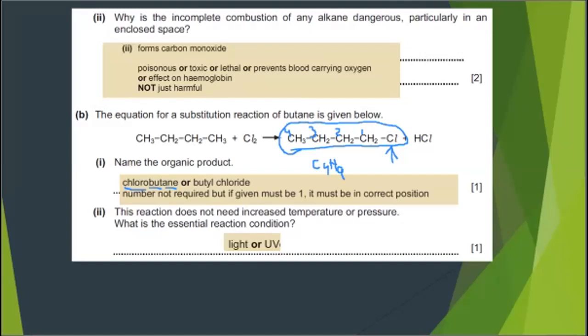The reason for that is because CH3 is methyl, C2H5 is ethyl, C3H7 is propyl, and C4H9 is butyl. So you could have said it was a butyl chloride group, and you would have also been correct.